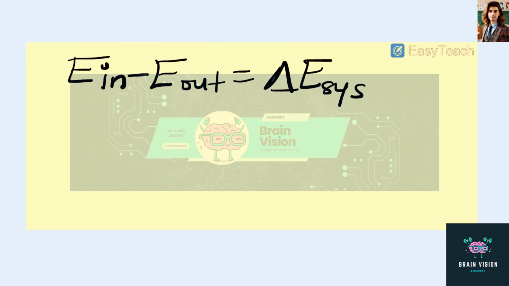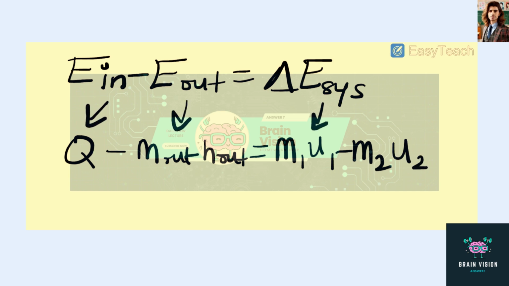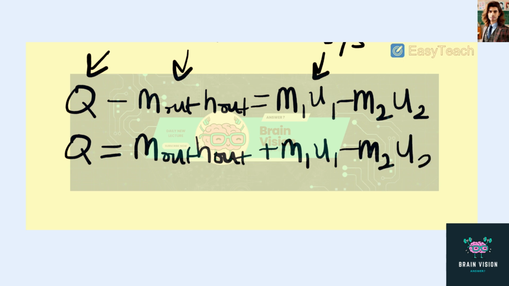We have heat transfer coming in, so E in is going to be Q. We do have mass leaving, so Q minus the mass leaving, M out H out, is equal to the change in energy of our entire system, which is M1 U1 minus M2 U2. These are our corresponding terms. So Q is equal to M out H out plus M1 U1 minus M2 U2.